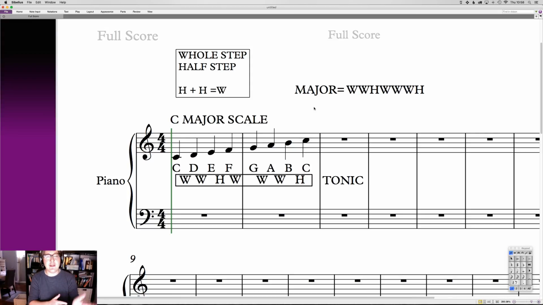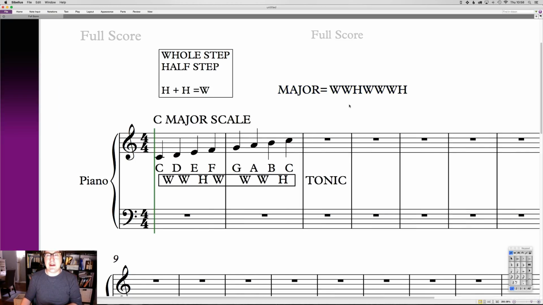We understood that a scale is an ascending or descending pattern of notes which follow this pattern, which have this whole half relationship between them. We understood that by doing that, we have made one note the tonic. We have made it our home note. Okay? That's all we've done today. That's all we're going to cover.